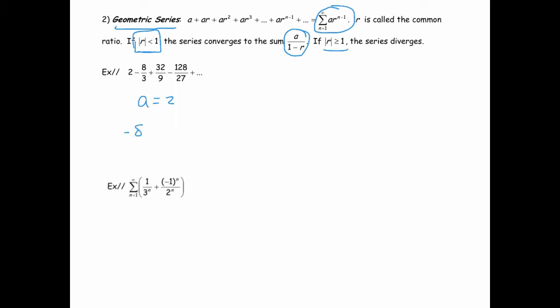So if you do negative 8/3 divided by 2, that is negative 8 over 6, which is negative 4/3. So that's my r value, but the absolute value of negative 4/3 is bigger than 1. So this must diverge.